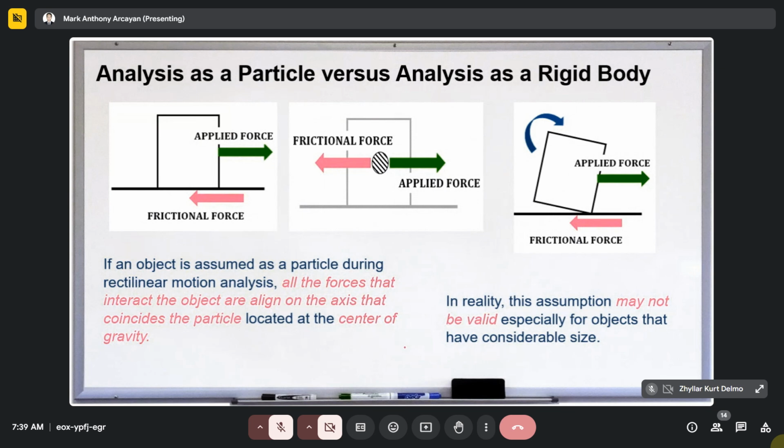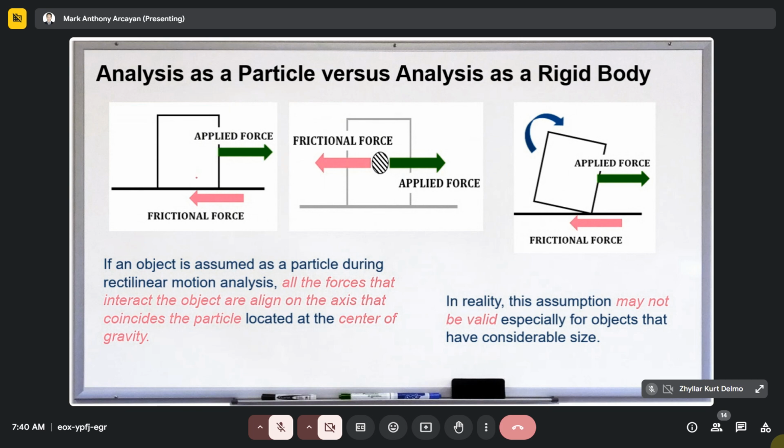Okay, so how do we analyze rigid body. First, we're going to compare, no, the analysis as a particle and the analysis as a rigid body. So here we have these three figures. Now, if an object is assumed as a particle during rectilinear motion, all the forces that interact with the object are aligned on the axis that coincides with the particle at the center of gravity.